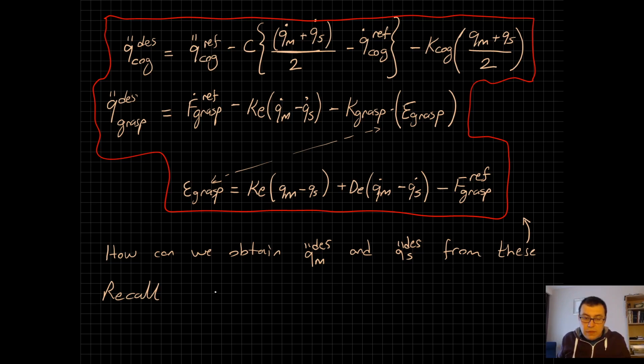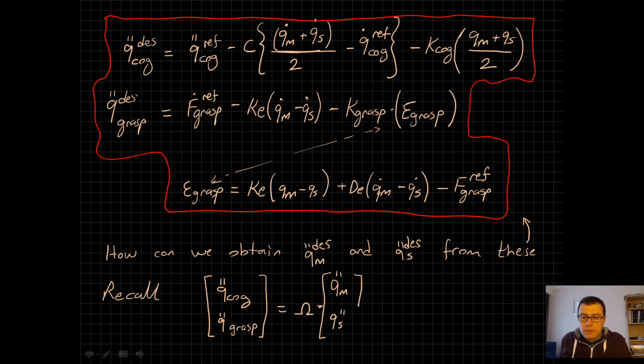Okay, we have Q double dot COG and Q double dot grasp expressed as a matrix, let's call it omega, times the column vector of Qm double dot and Qs double dot, and we use omega's inverse to get back to Qm double dot and Qs double dot.